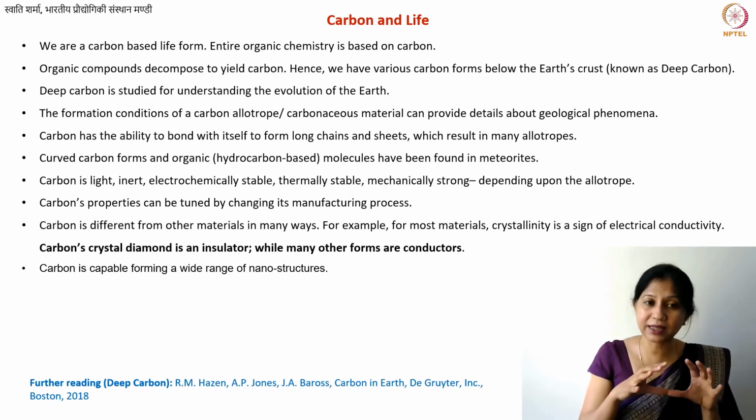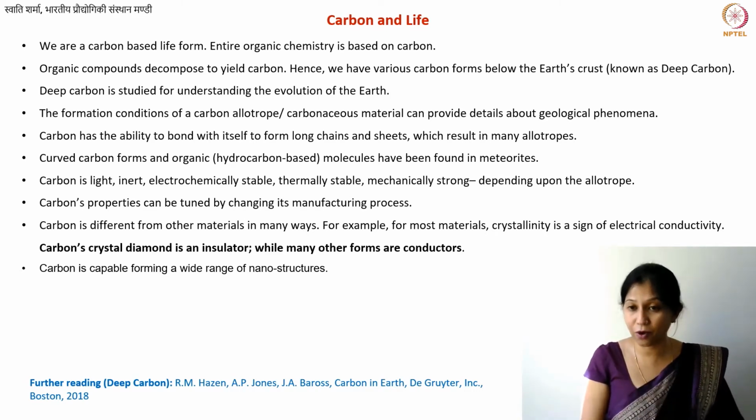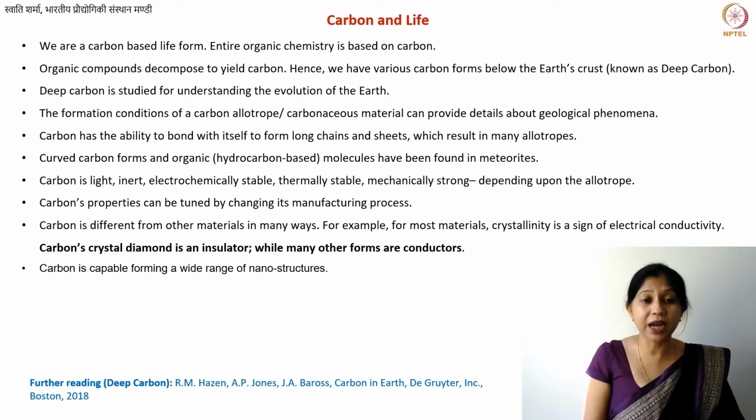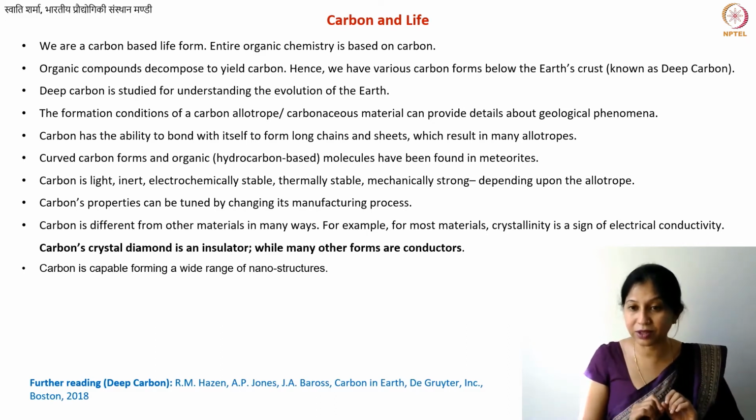So the point is that because of this ability to form different types of bonds, carbon can also make a lot of nanostructures. Nanostructures, we learned in the previous lecture, are just structures that have a certain well-defined geometry at the nanoscale.